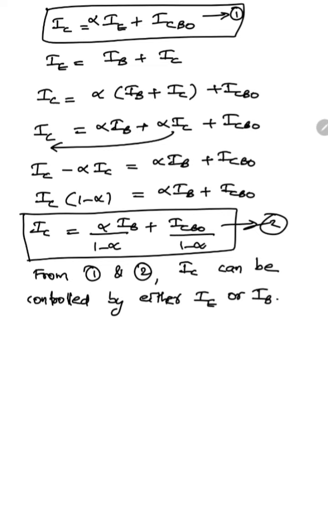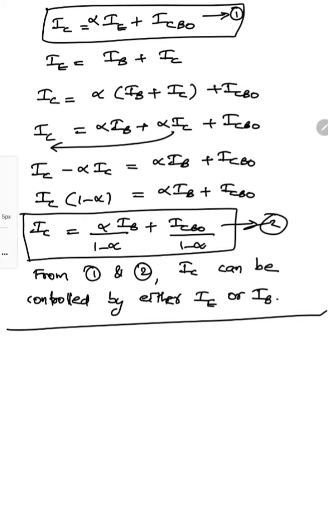So IC can be controlled by either IE or IB. So using these two equations we can find the expression for collector current. These are the two expressions we used in the common base connection.